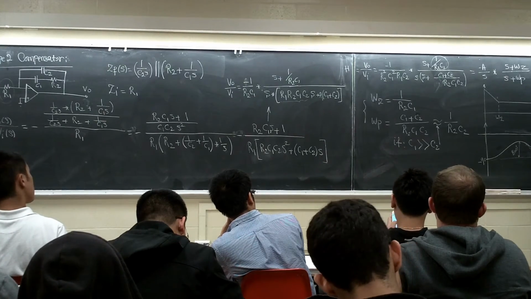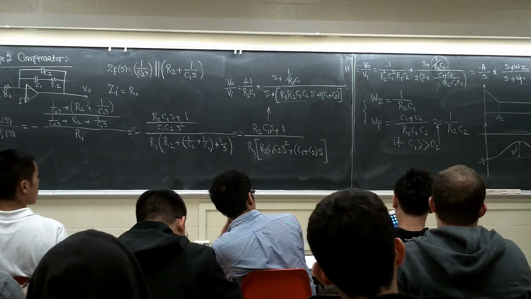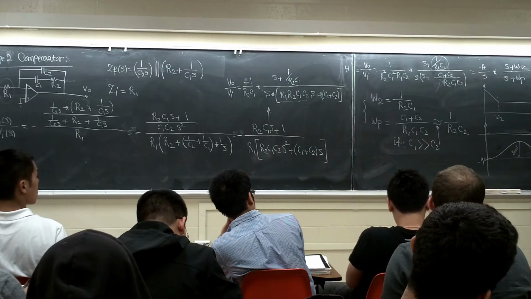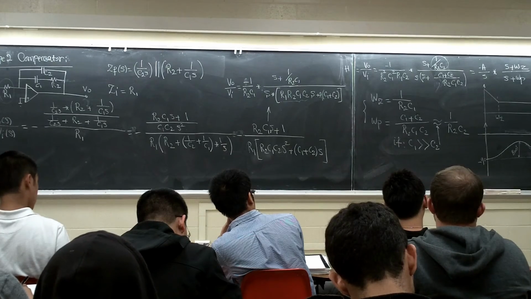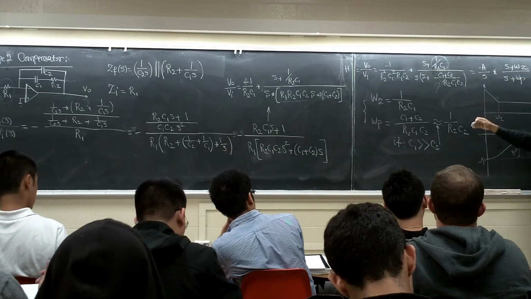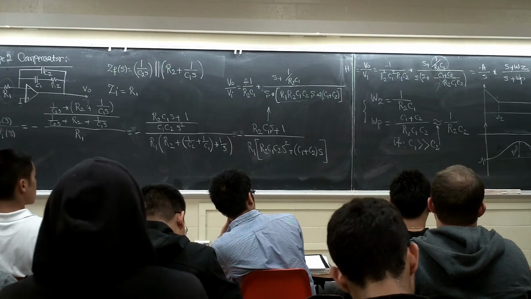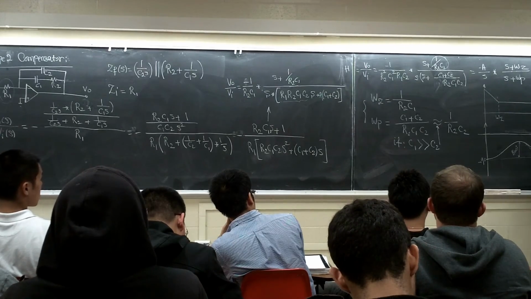Basically, the crossover frequency is here. Remember, this is omega cross. So this is a Bode plot of a type 2 compensator. Keep this one in mind.